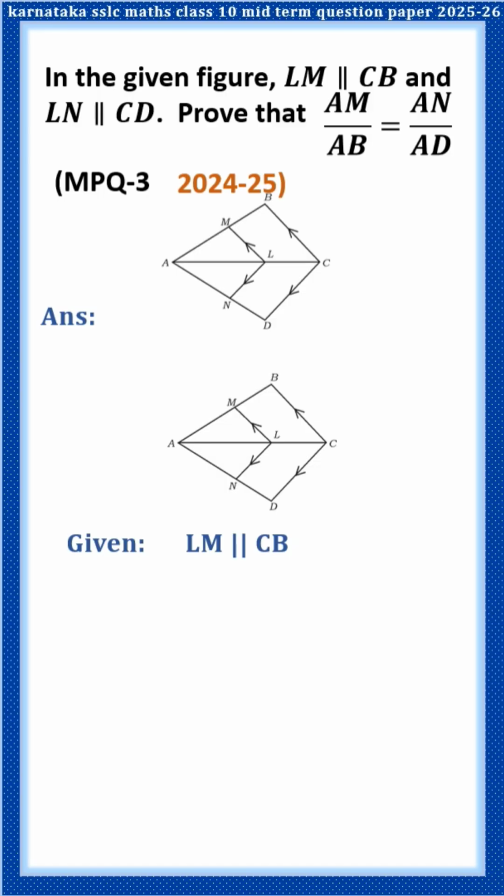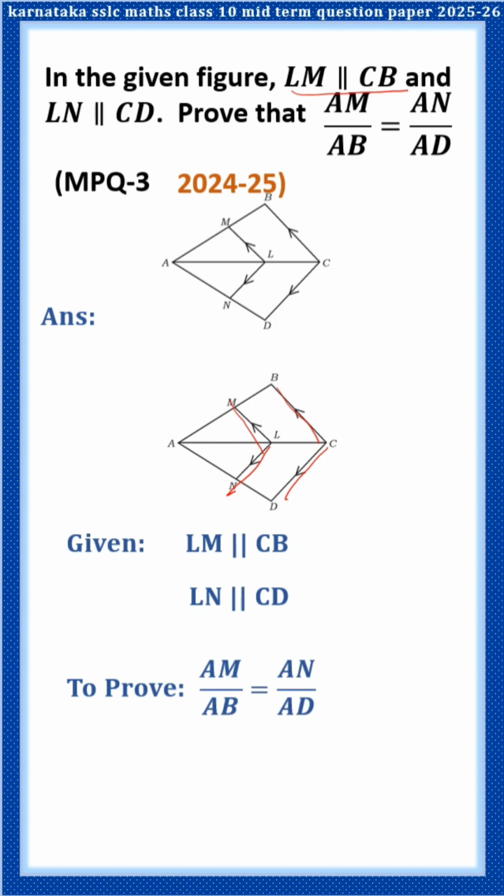LM is parallel to CB and also we are given LN is parallel to CD. To prove AM by AB is equal to AN by AD.